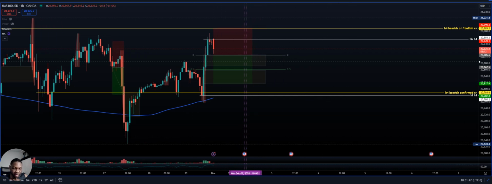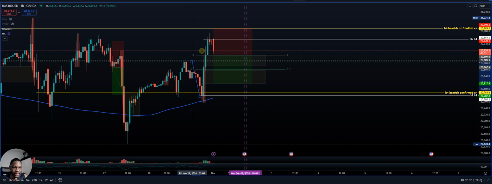So what I was trying to explain, as you can see, the last move was down here, 20,778. So we broke past this previous resistance, which was a previous higher high, lower high.